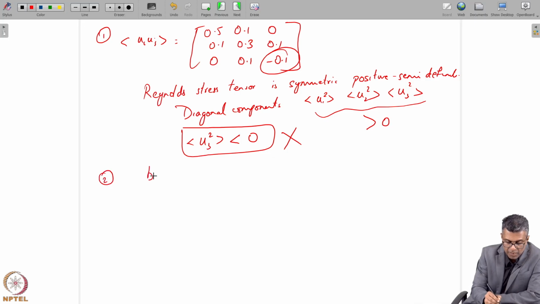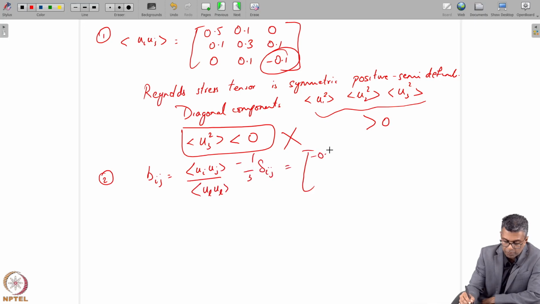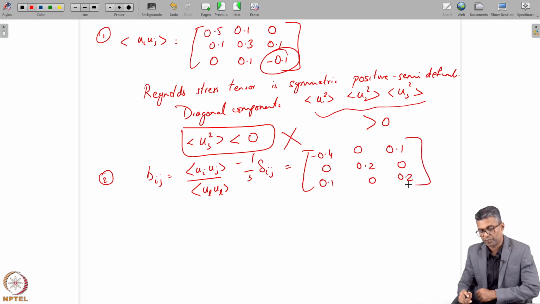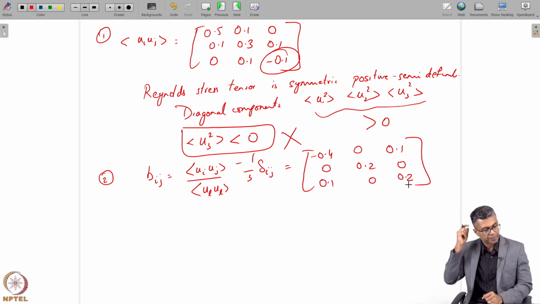So what is given is b_ij equal to u_i u_j divided by u_l u_l, dummy index, right, minus 1/3 delta_ij, and this is equal to minus 0.4, 0.1, 0.2, 0 and 0.1, 0 and 0.2. That is what is given here.